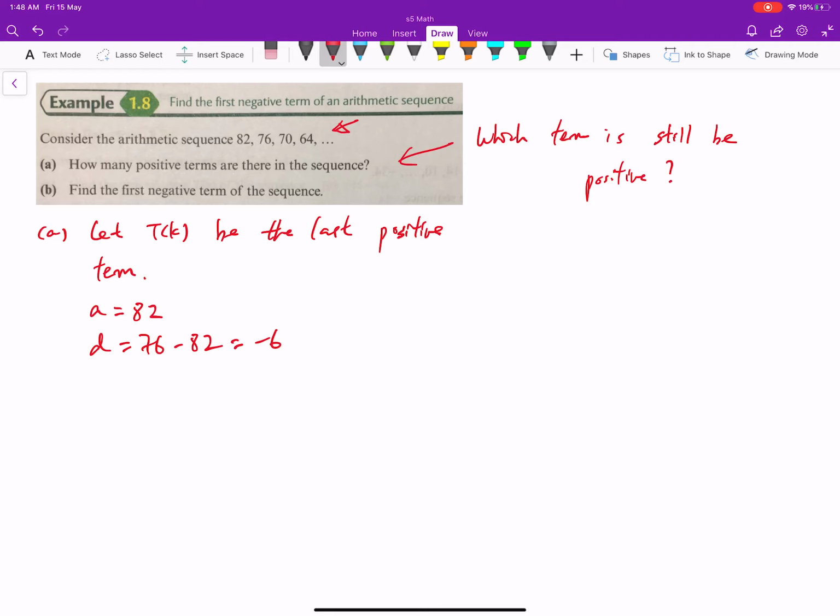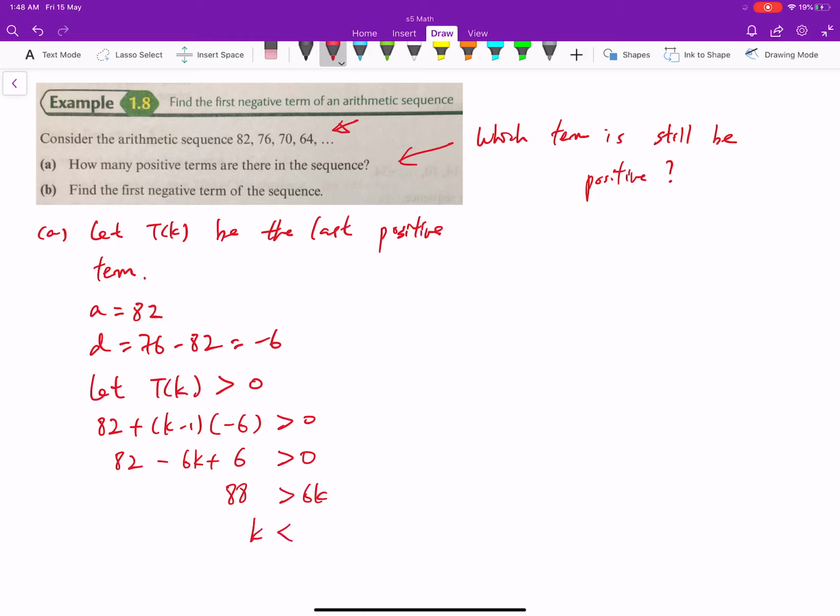Now if we want tk to be the last positive term, that means tk must be positive, so we set tk greater than 0. Okay, so now we get a plus (k minus 1)d greater than 0. We just expand in these questions. Then we get 88 greater than 6k, so k will be smaller than 88 over 6.